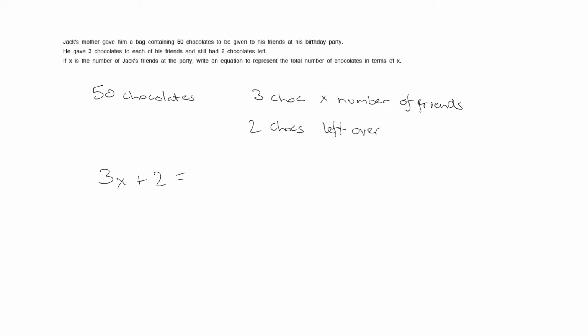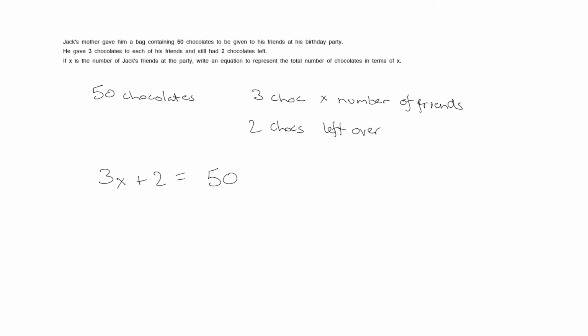When we add them all up, we should get 50 chocolates in total. Okay, so just to go over that again, this is 3 chocolates, one for each of the friends, plus the 2 left over is going to equal 50 in total.